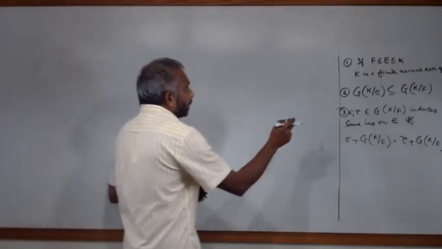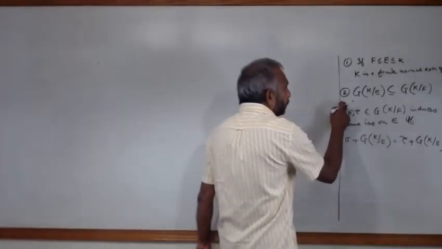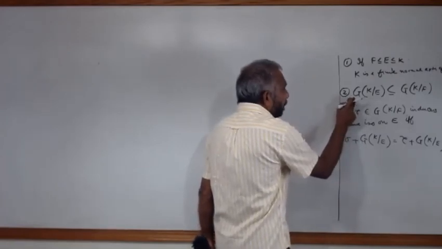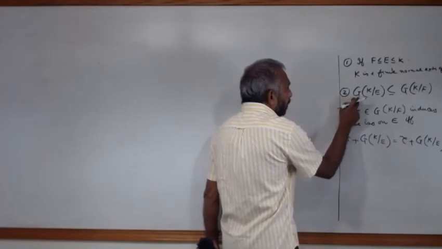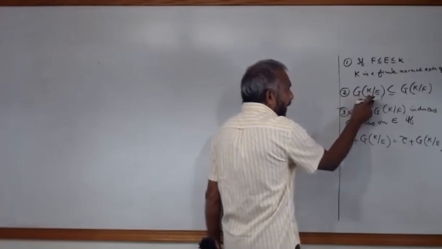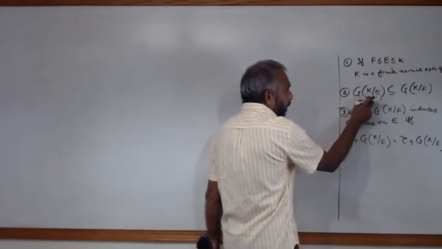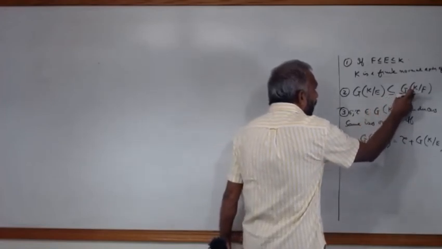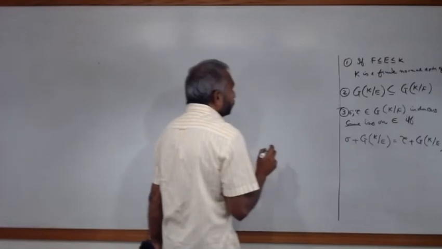The second part is we need to prove that the group of automorphisms on K leaving E fixed is a subgroup of the group of automorphisms on K leaving F fixed.